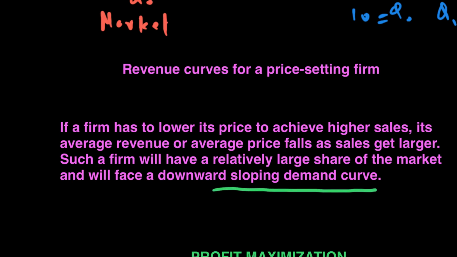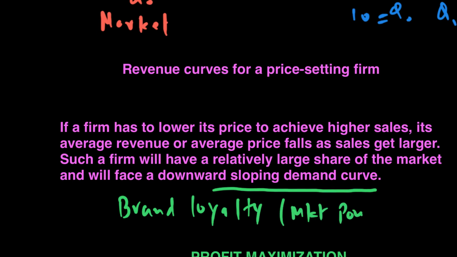So I want to explain the concept that if you're a price setting firm with a downward sloping demand curve, this means that your demand is not perfectly elastic but relatively elastic, which means that you have some kind of brand loyalty or some kind of market power, and that makes the demand downward sloping.